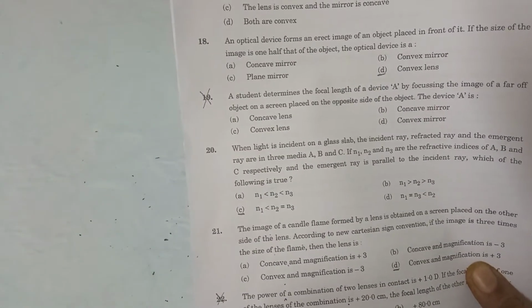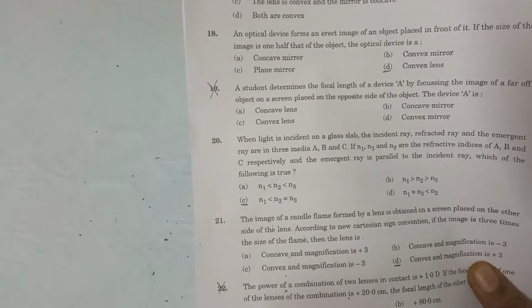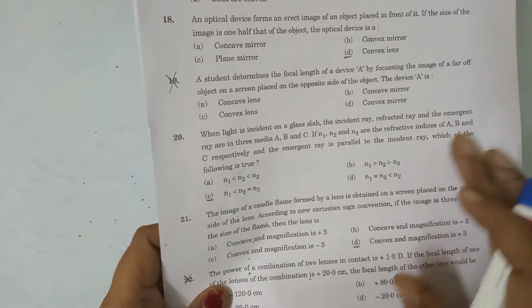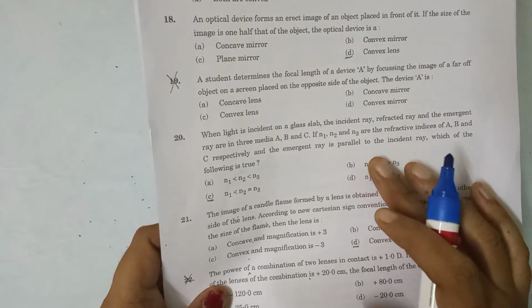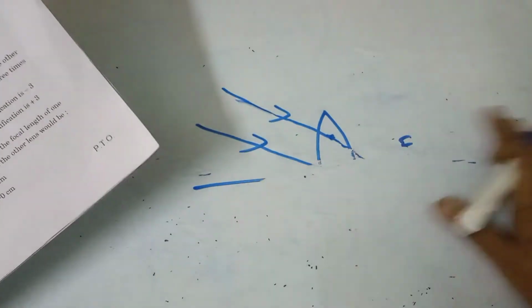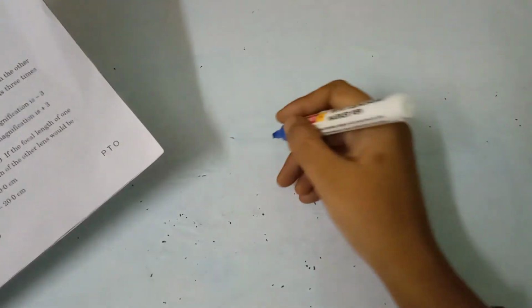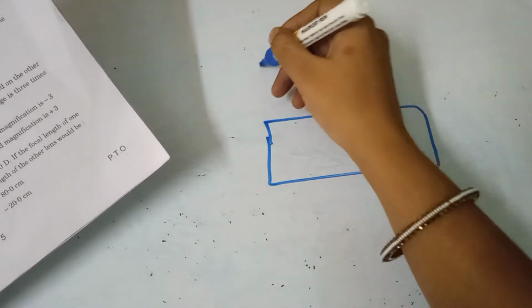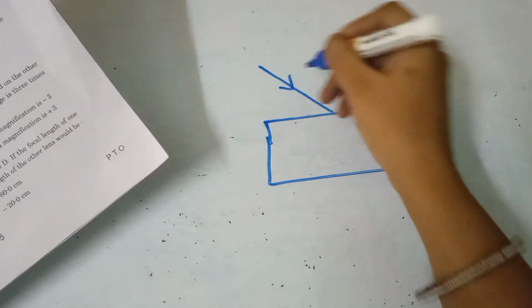When light is incident on a glass slab, the incident ray, refracted ray, and emergent ray are in three media A, B, C. If n1, n2, n3 are the refractive indices of A, B, C respectively, and the emergent ray is parallel to the incident ray, which of the following is true? Okay, so this is the glass slab. Let us consider a ray is incident.